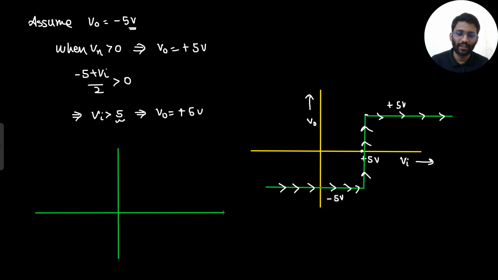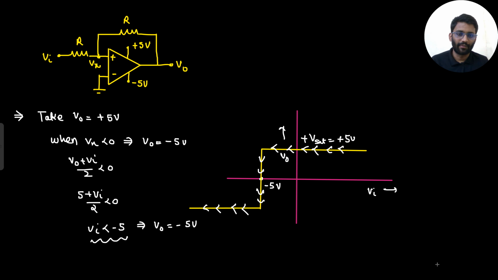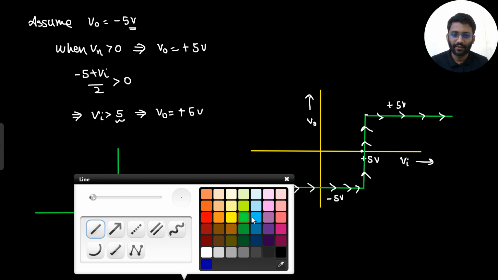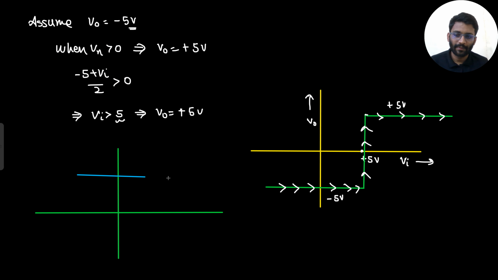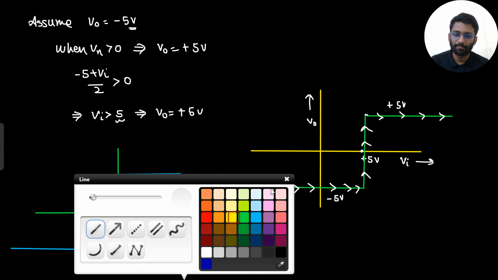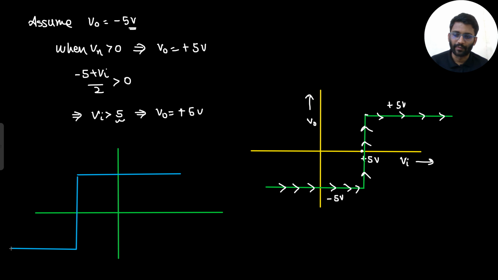The first one was where we were moving from plus 5 to minus 5, and the second one was where we were moving from minus 5 to plus 5.